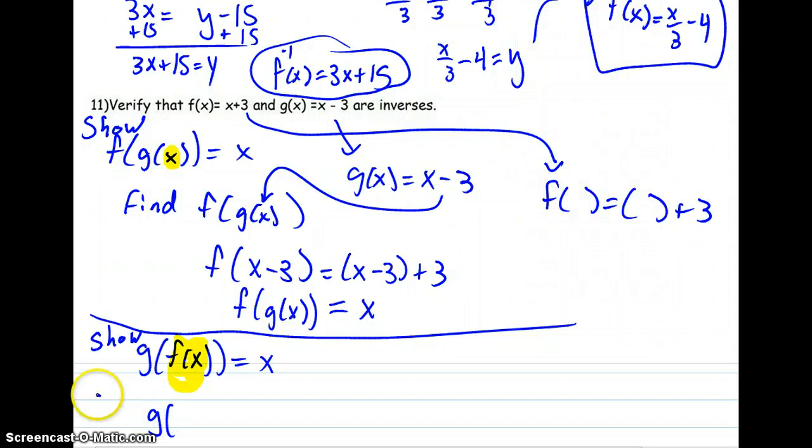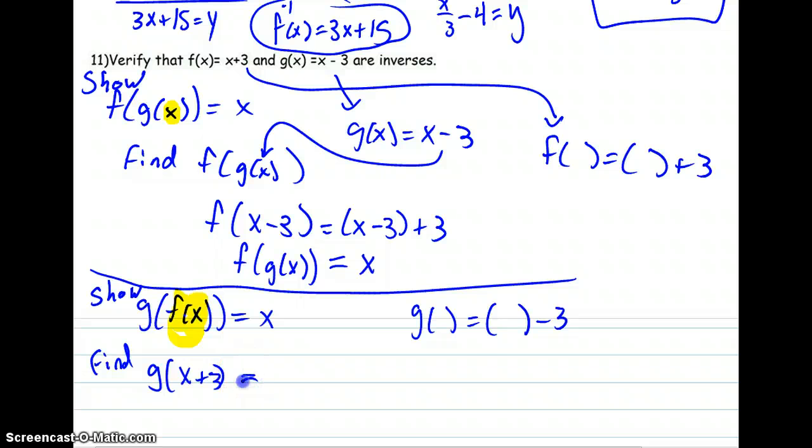So we're going to say find g of x plus 3. Well, we know that g of a blank equals blank minus 3. So if we just hold on to this template here, plugging in x plus 3 into these blanks, we'd have x plus 3 right here, minus 3. Very quickly, you'll see that, yes, in fact, g of f of x equals x as well.